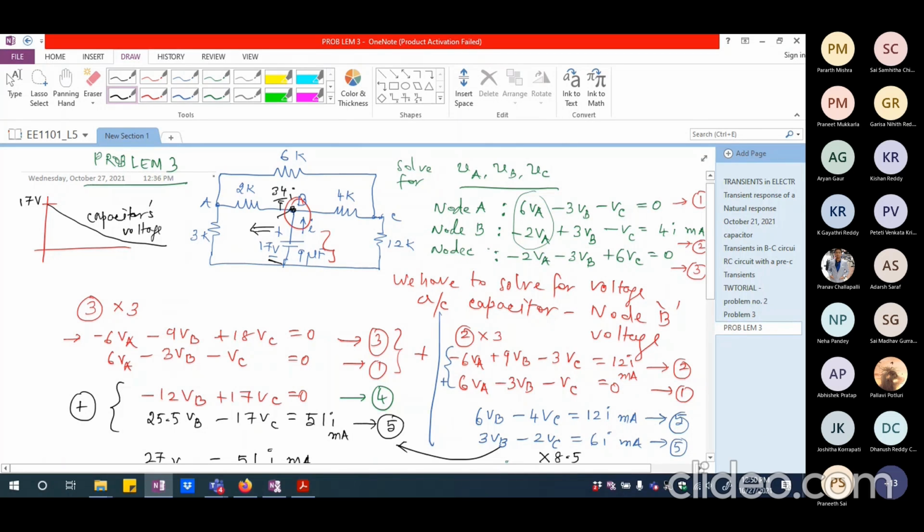34 by 9 is the voltage. 34 by 9 multiplied by I is the voltage here. And what is the kind of current that is flowing here? That is I. So the capacitance is essentially seeing a resistance of 34 by 9K, because 34 by 9 is actually the multiplying factor which is actually visualized by the capacitance.